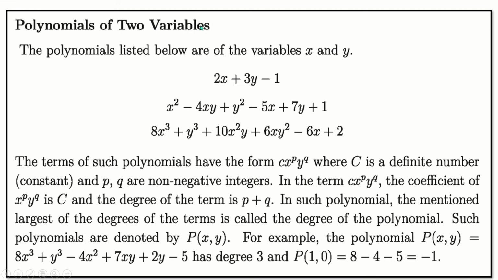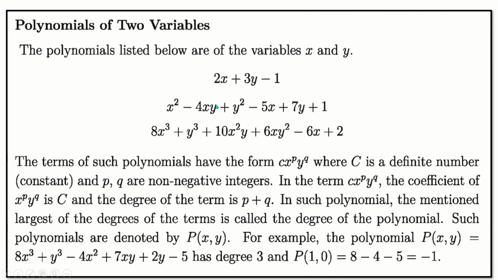Polynomial of two variables. In a polynomial there are two variables. Here it includes x and y, here also x and y, here also x and y. What is the degree of this polynomial? Here the degree will be 1, because x and y are both variables, and the degree or power of x and y is 1.